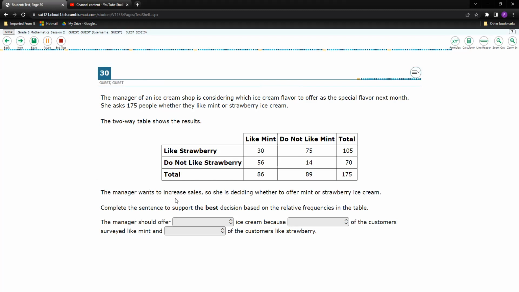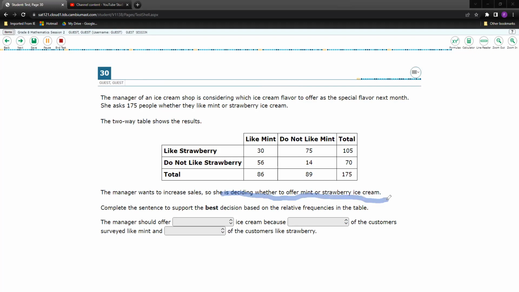Let's see, the manager wants to increase sales. So she is deciding whether to offer mint or strawberry ice cream. So 86 people like mint and 89 people do not like mint. So how many people like strawberry? 105.